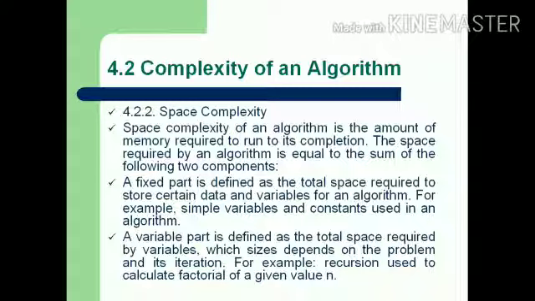One is fixed part. Number two is variable part. In fixed part, whatever variables and constants we created before we get into the program are fixed. There are no changes. If you define four variables, at the end of the algorithm there are only four variables.